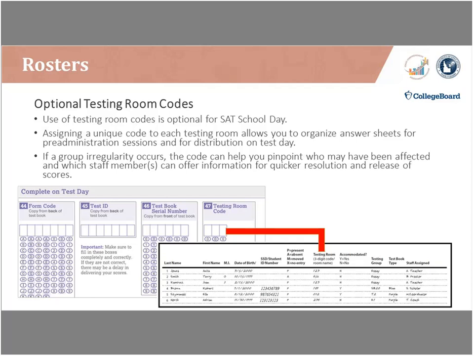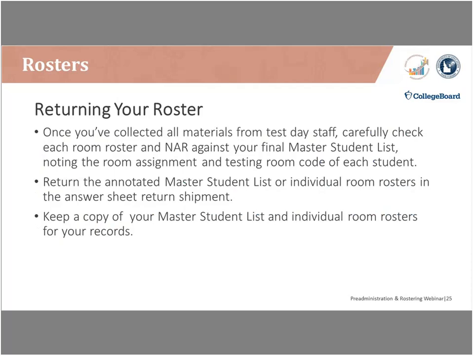You can really finitely manage, if an irregularity occurs, potentially where that actually happened, and have a very, very small subgroup to work with. The staff member who is working in that particular room can also help provide a little quicker resolution if there is an irregularity that occurs.